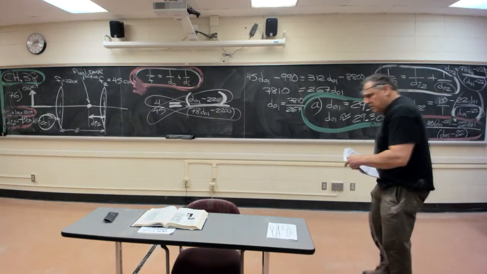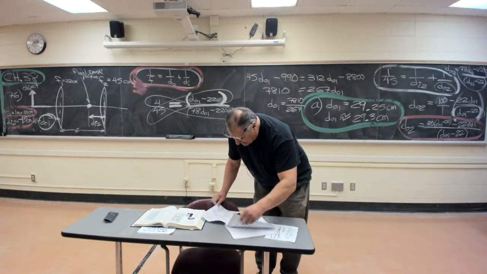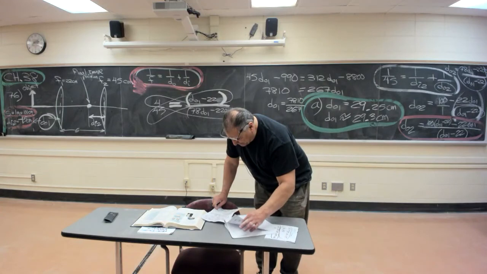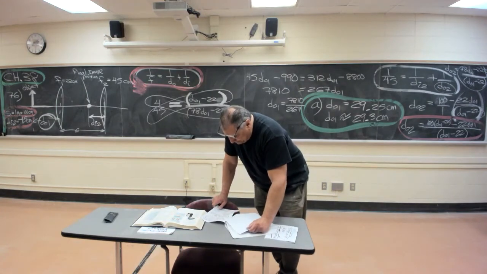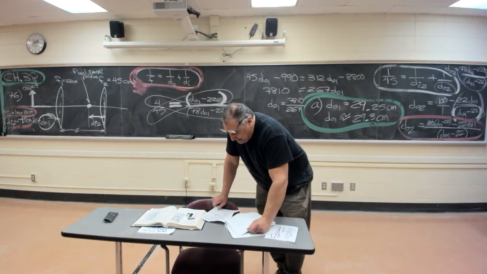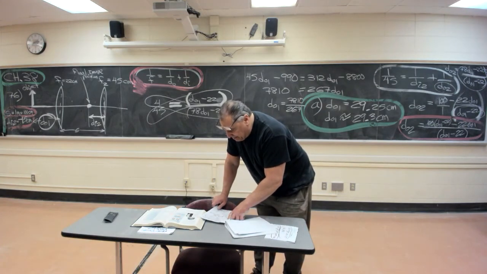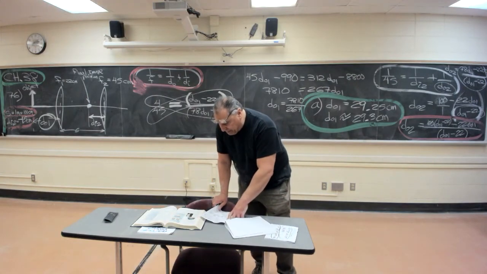So, let me see here. For some reason, I thought maybe they'd be asking us that, but they did not. DO1 is what we got. DO2 is a walk in the park at that point. For DO2, you could take 78, multiply it by DO1 minus 22, divide it by DO1 minus 22.